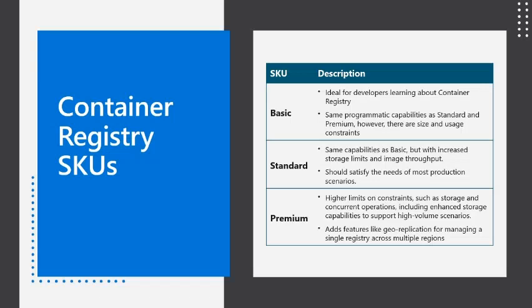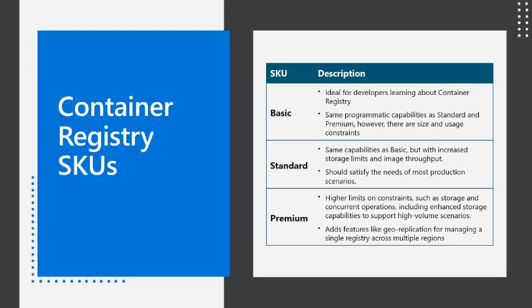Standard. The standard registry offers the same capabilities as basic, but with increased storage limits and image throughput. Standard registries should satisfy the needs of most production scenarios. Generally, you use standard for production, but then there is also premium, which has higher limits on constraints such as storage and concurrent operations, including enhanced storage capabilities for high-volume scenarios in addition to higher image throughput capacity.